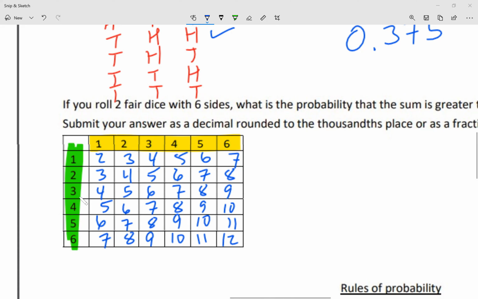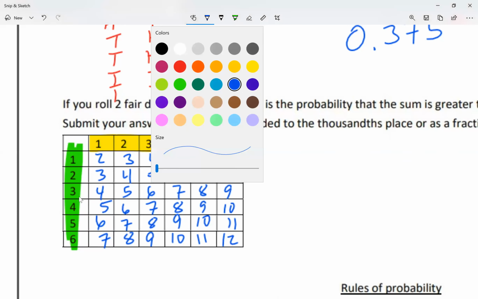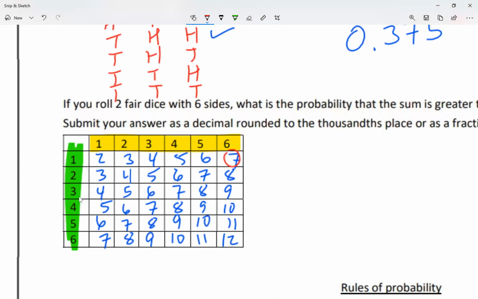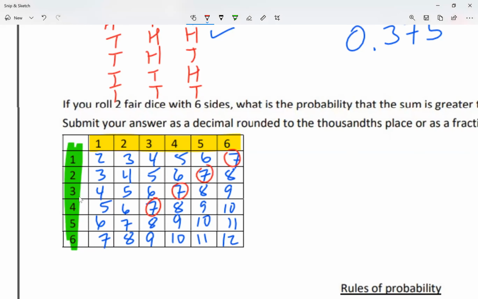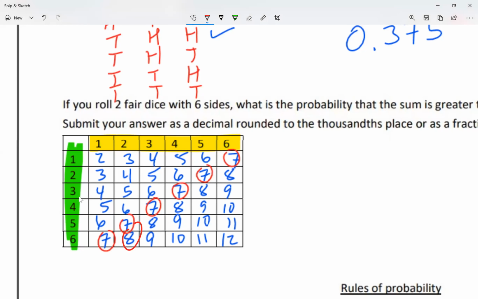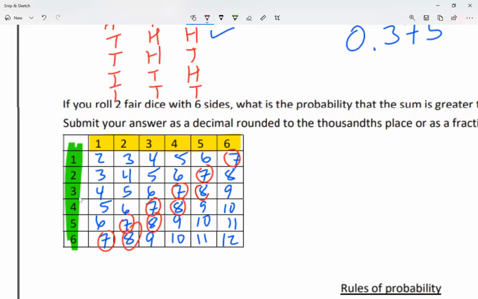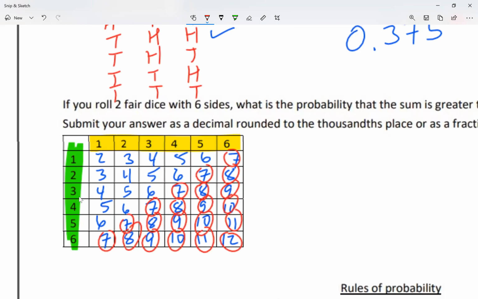And then the question was, what is the probability that the sum is greater than or equal to 7? So how many of these are equal to or greater than 7? Let me see. 1, 2, 3, 4, 5, 6, 7, 8, 9, 10, 11, 12, 13, 14, 15, 16, 17, 18, 19, 20, and 21.